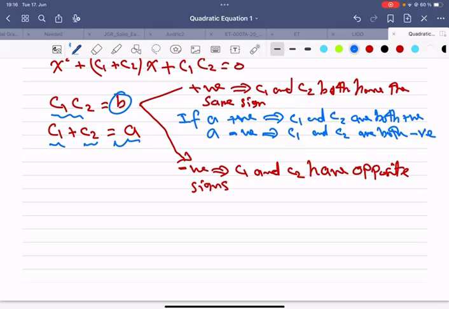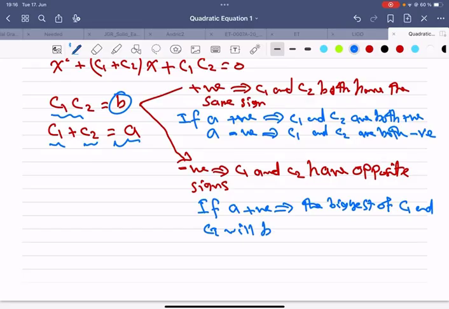Now, if a is positive, this means that the biggest of c1 and c2 will be positive.